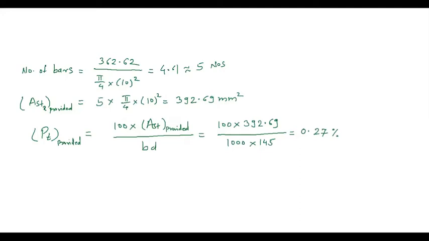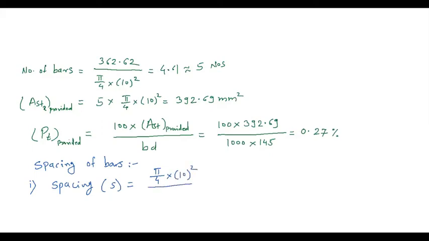Now next point is spacing of bars. First, spacing S is equal to area of single bar divided by AST provided, multiplied by width.